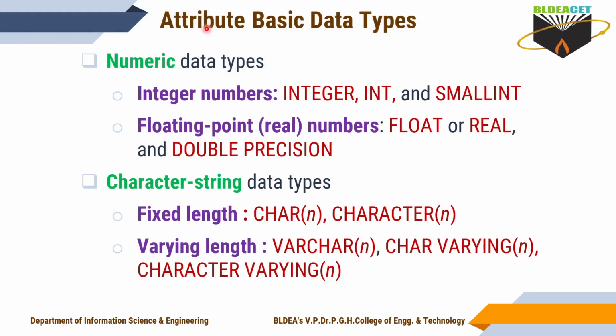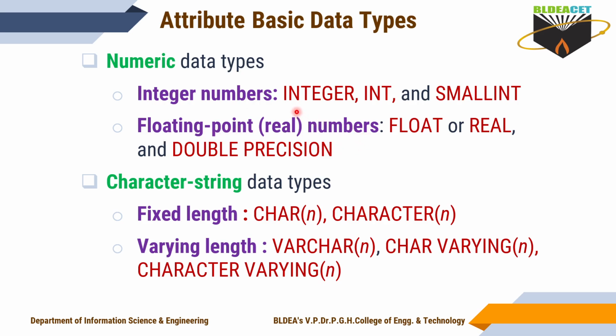So first, see the basic attributes of SQL and the data types of SQL. The first data type is numeric data types. If an attribute is of numeric type, then you can take the data type as integer numbers. That attribute may hold an integer number or floating point or real numbers.